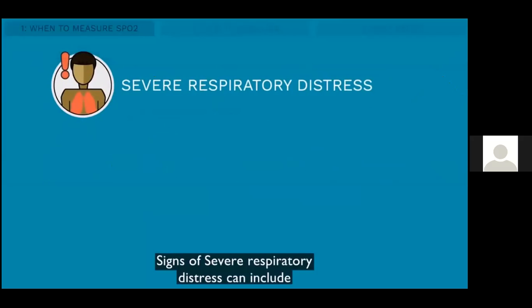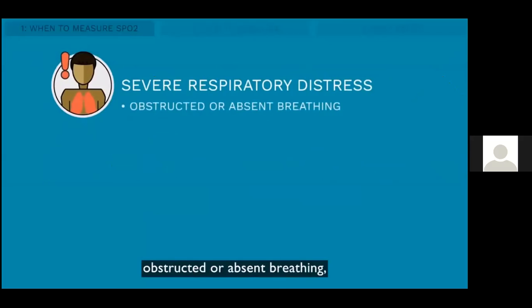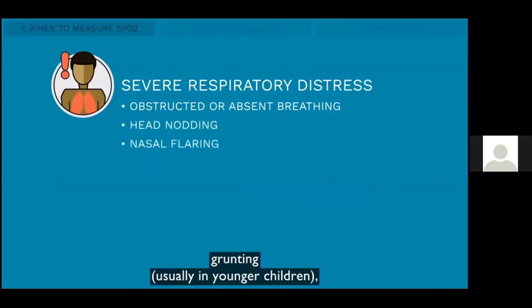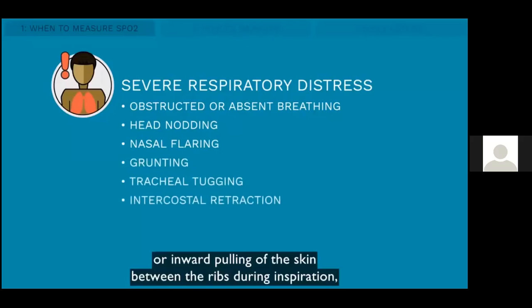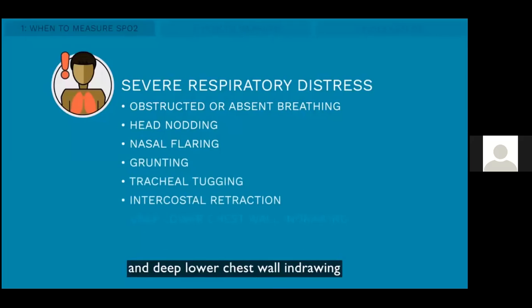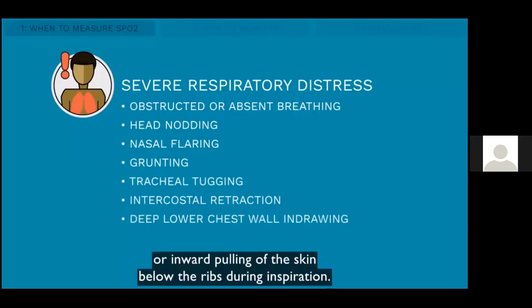Signs of severe respiratory distress can include obstructed or absent breathing, head nodding in younger children, nasal flaring, grunting, usually in younger children, tracheal tugging, intercostal retraction or inward pulling of the skin between the ribs during inspiration, and deep lower chest wall indrawing or inward pulling of the skin below the ribs during inspiration.